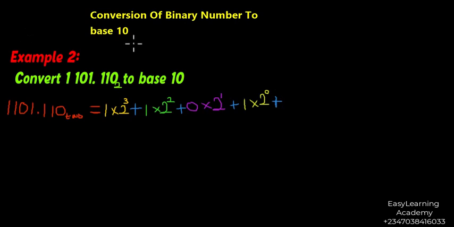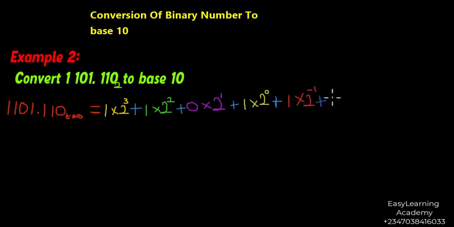Now it gets to the decimal part. We start with the first digit. There is 1. So we have 1 times 2. The highest power here will be minus 1. So we start with minus 1. Now a plus again. The next number is 1.